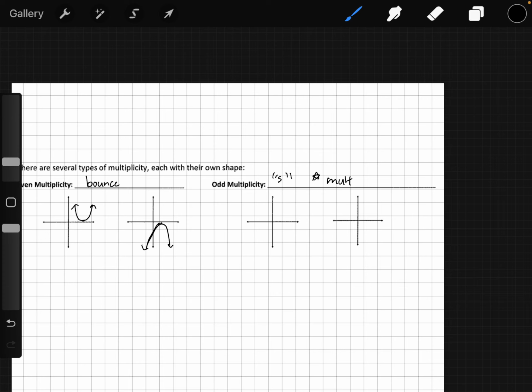However, when the multiplicity is equal to 1, it'll go through it like a linear function in a straight line. So for example, if the root is here, the S shape will go through it like this, whereas if the multiplicity is 1, it'll go straight through it like a linear function.